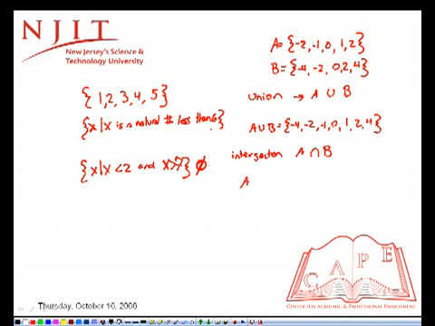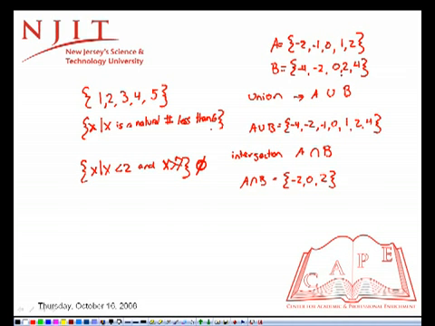Therefore, the intersection of A and B equals -2, 0, 2. So just to repeat, a union incorporates numbers that exist in A or B. The intersection is the set of numbers that have to exist in both sets. So -2 exists in both sets, 0 exists in both sets, and 2 exists in both.